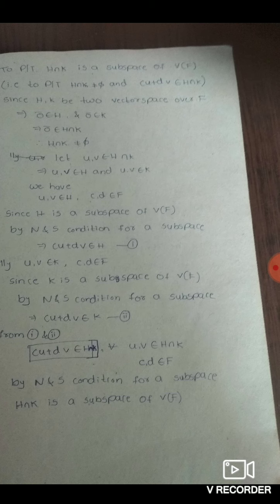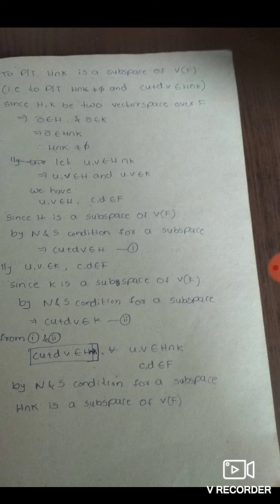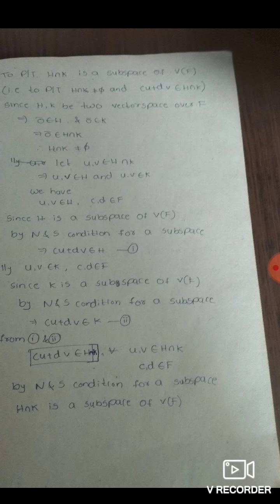From 1 and 2, Cu plus dV belongs to H and Cu plus dV belongs to K. Therefore, Cu plus dV belongs to H intersection K. Therefore, by the necessary and sufficient condition for a subspace, H intersection K is a subspace of V(F).